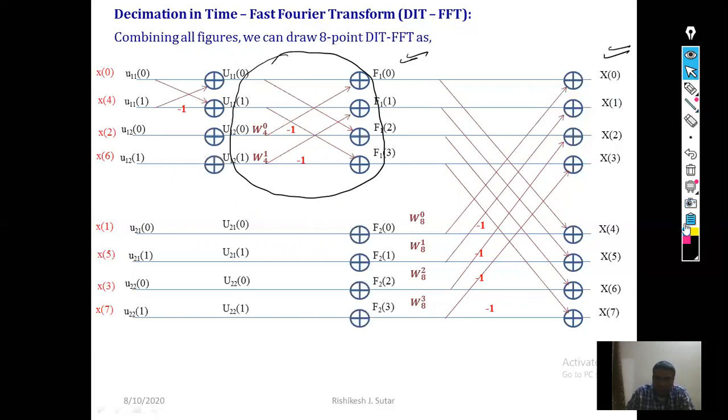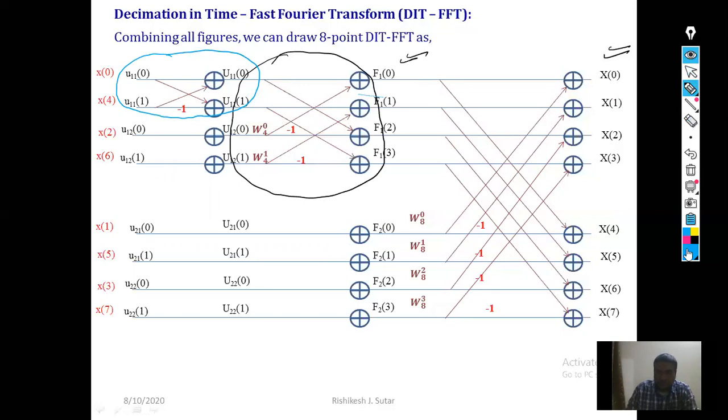Now, then we have to find out this relation further for this part. Just give me 1 second. I find out this part. So this part, this black one, that is the relation between f1 of k and u11 of k.